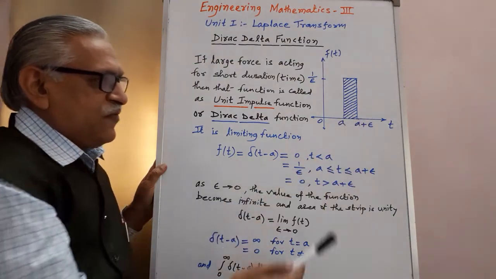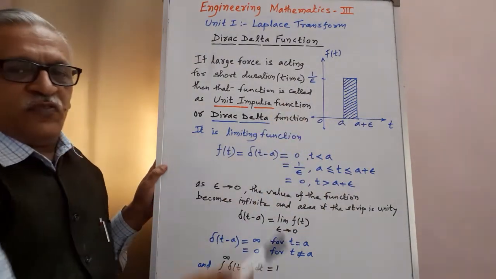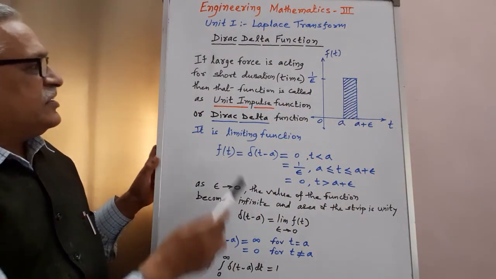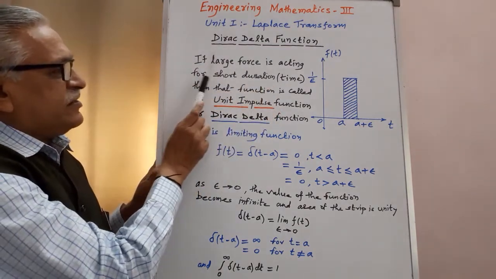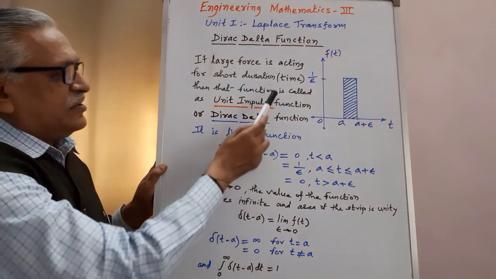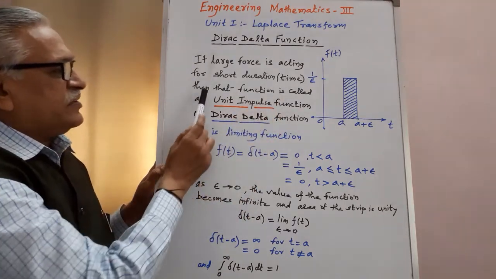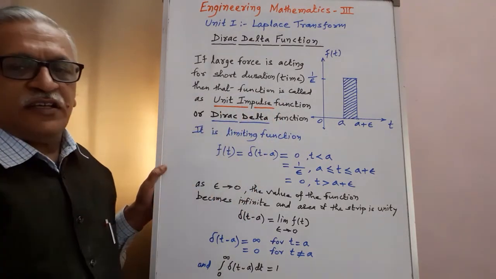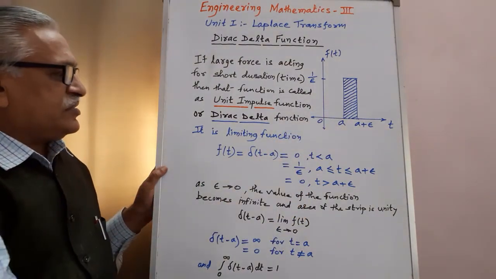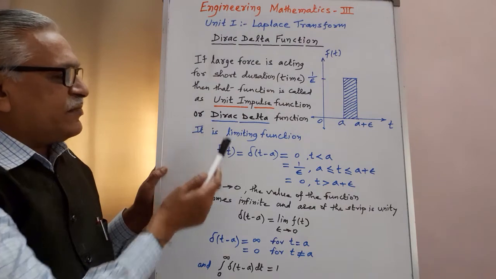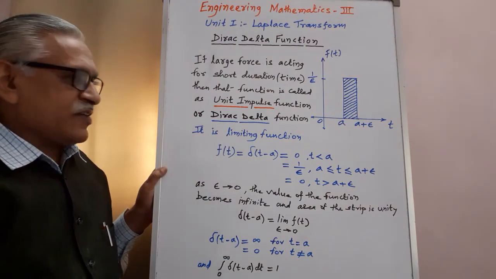Compared with the value of epsilon, 1 by epsilon is very large. Therefore, if a large force is acting for a short duration, then that function is called the unit impulse function. Another name for that is the Dirac-Delta function.